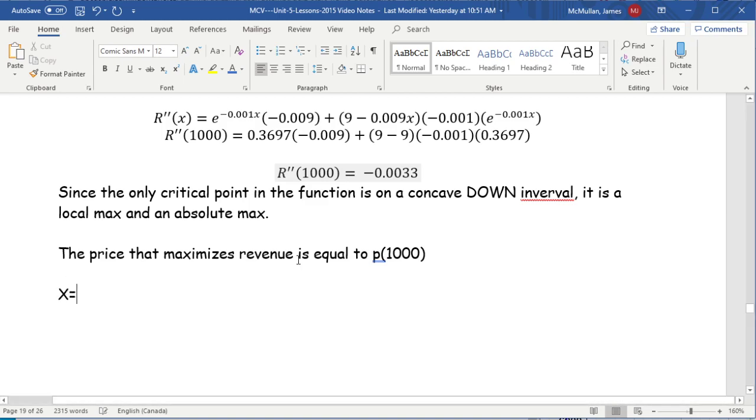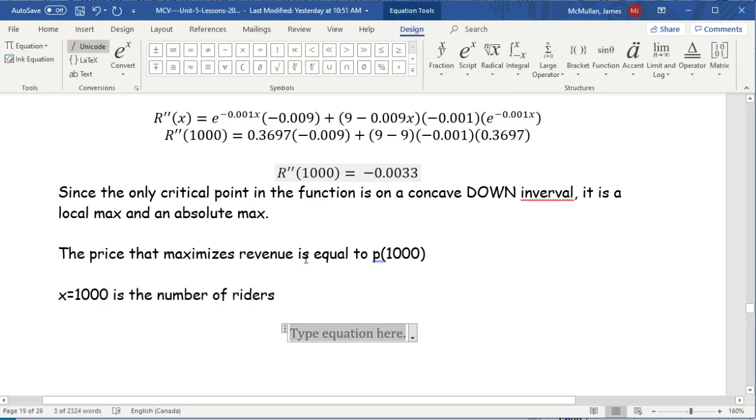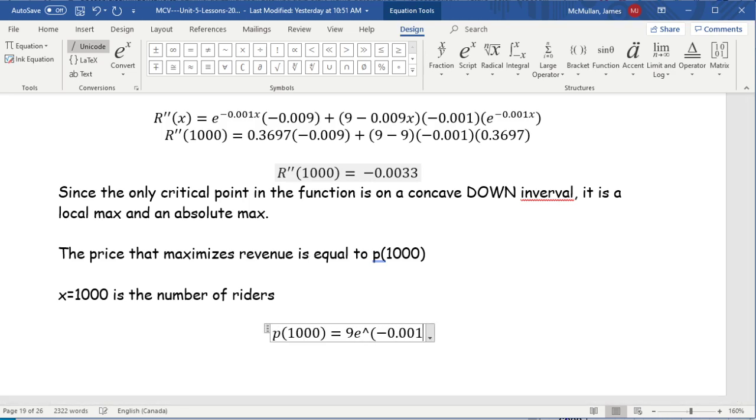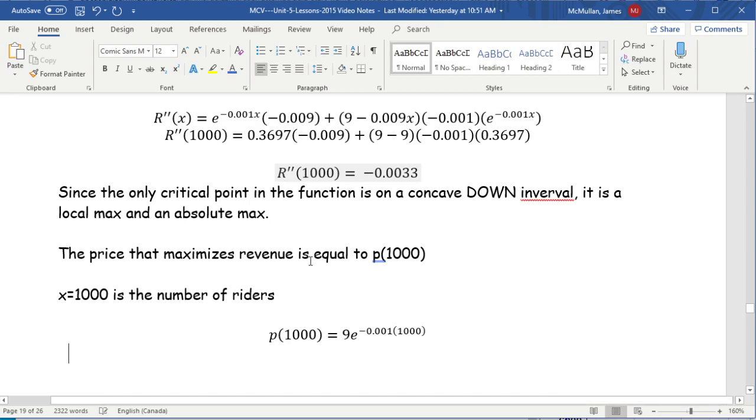Remember, x equals 1000 is the number of riders, but it doesn't say the price we should charge them. The price we should charge them is according to the original function, e to the power of negative 0.001 times 1000. That's what we need to plug into.